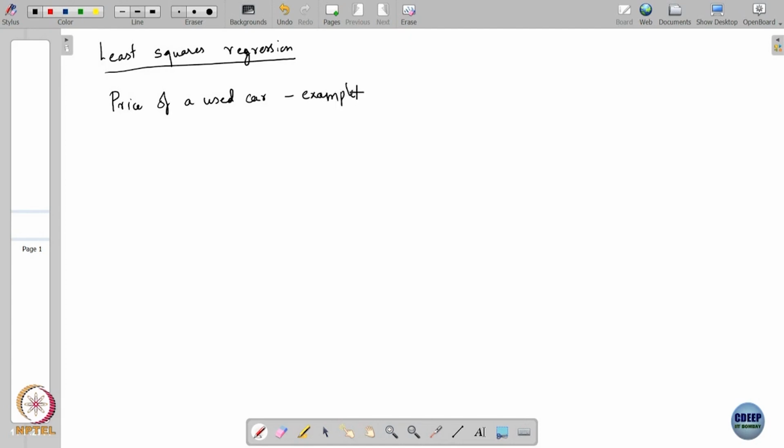So, price of a used car. Now, used cars come in all kinds of varieties. But we can think that maybe the price of the used car depends on a few input variables, such as the age of the car, the brand or make of the car.